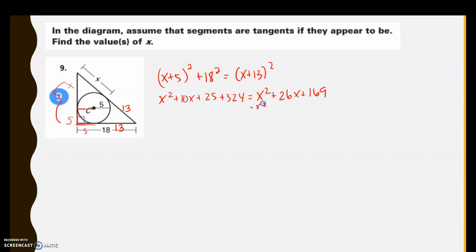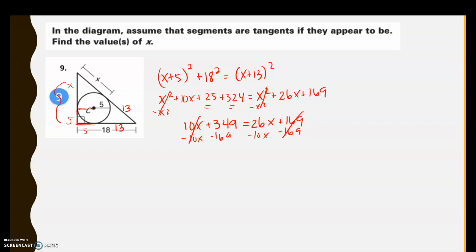I'm going to subtract x squared from both sides, so those guys are going to go away. And I'm going to combine my 25 and my 324, which is going to give me 10x plus 349 is equal to 26x plus 169. I'm going to subtract 169 from both sides, and I'm going to subtract 10x from both sides.